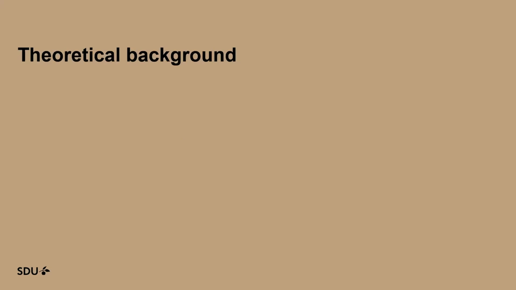So let me start with some theoretical background by situating my work so that you know where I come from and why I do what I do. I started out as a stylistician doing stylistics. And stylistics is a field of research where we focus on how meaning is created through language, in literature, and in other types of text.